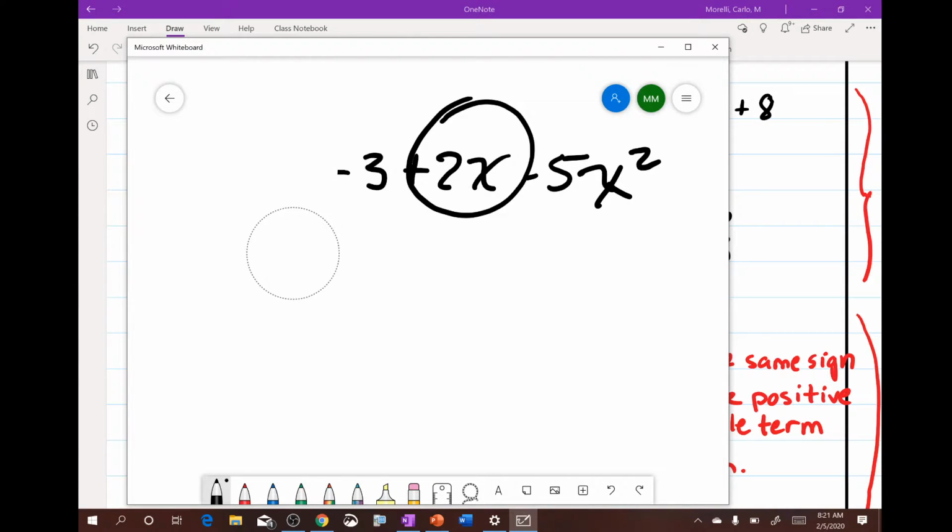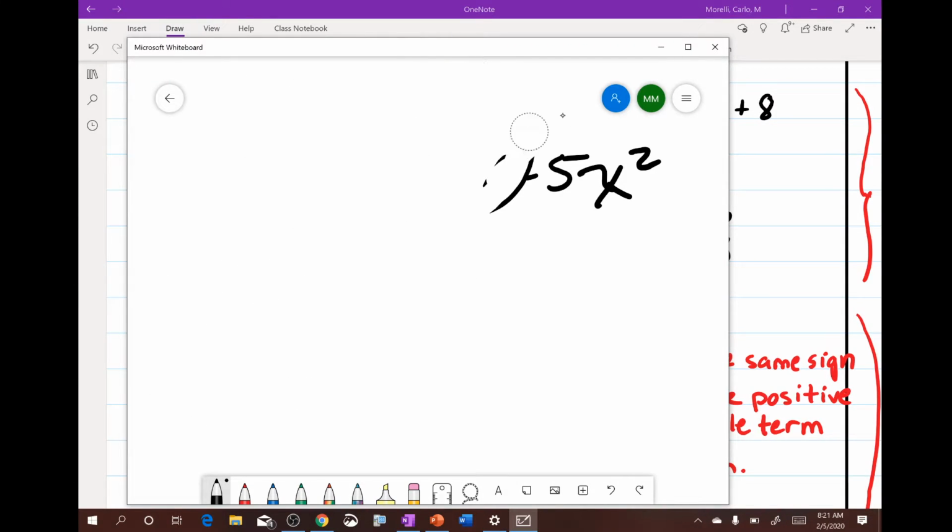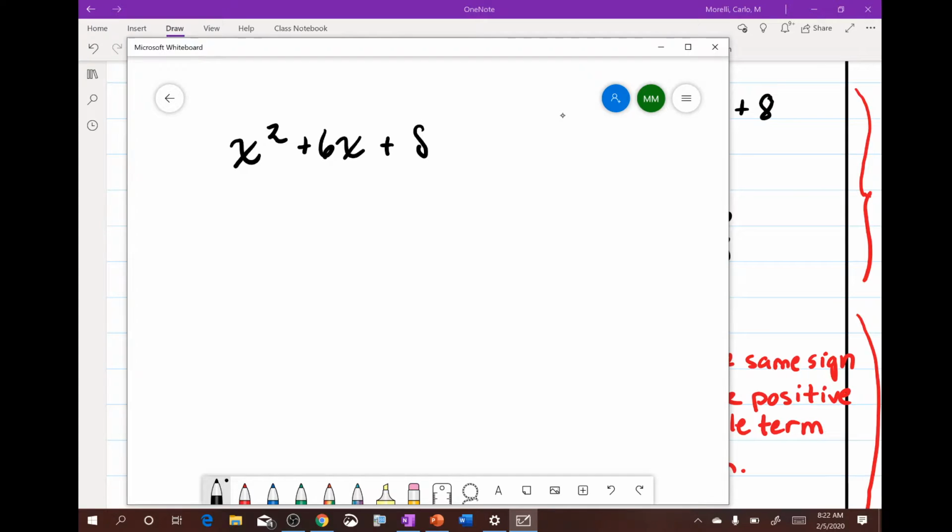And it was x squared plus 6x plus 8, right? Okay. Turn this off. It's too much glare. Okay, now x squared plus 6x plus 8.